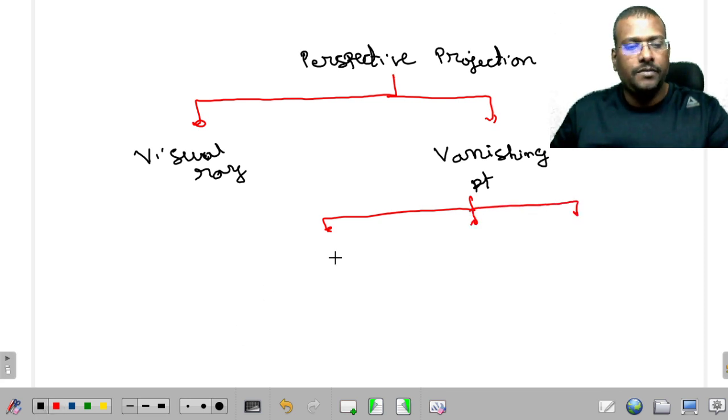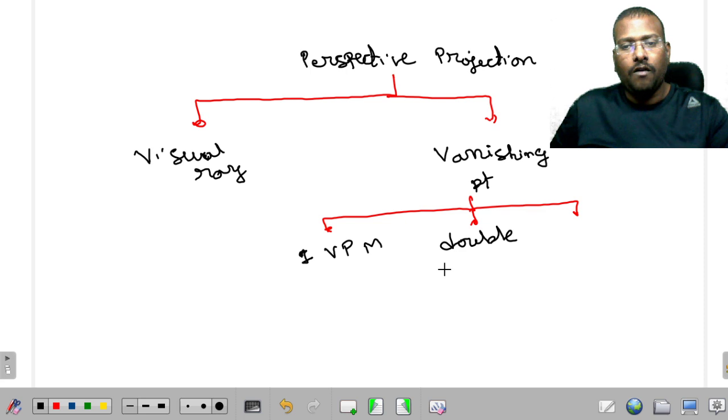One is the single point vanishing method, or one vanishing point method. Second one is the double vanishing point method. Third one is the triple vanishing point method.